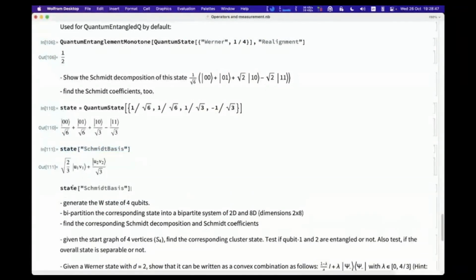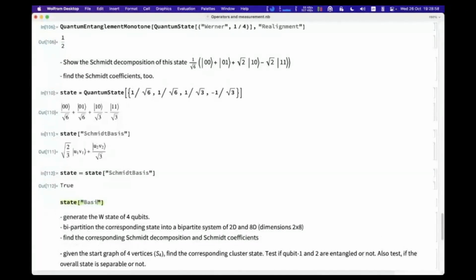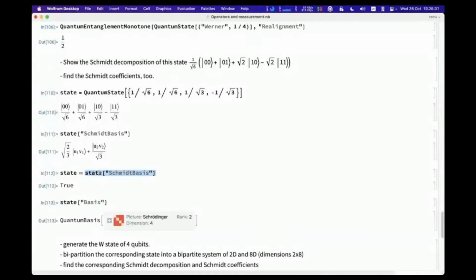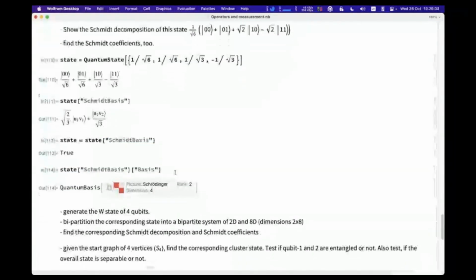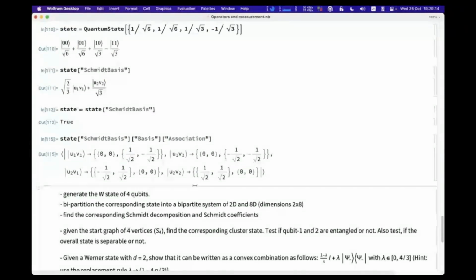In case somebody is interested, we can extract the Schmidt bases. So this is what's happening behind the scenes. It's a transformation you can do, and in this new basis you have a very particular form, which is a summation of u_i v_i, summed over all of them.